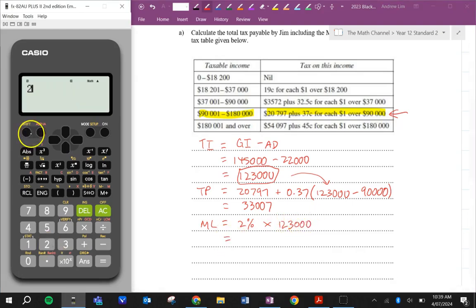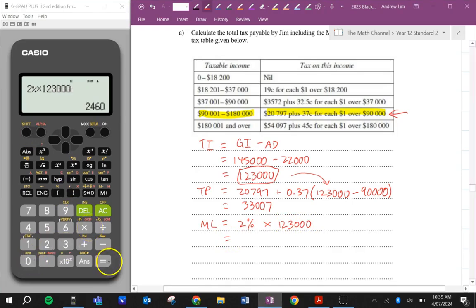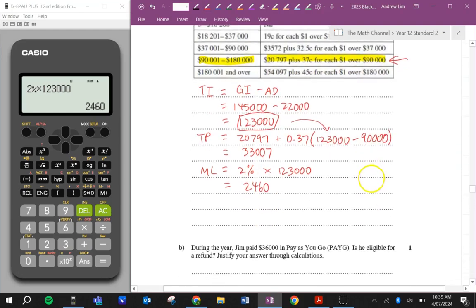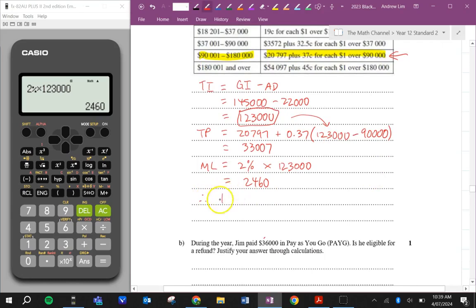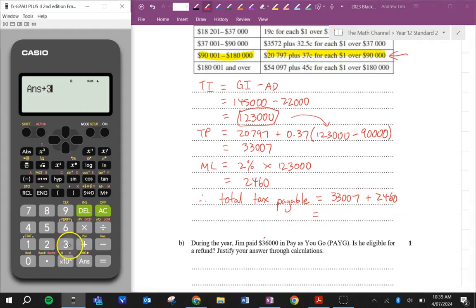So we got 2% of 123,000, which is 2,460, and therefore total tax payable is 33,007 plus 2,460. $35,467.